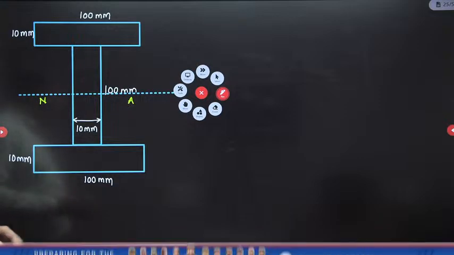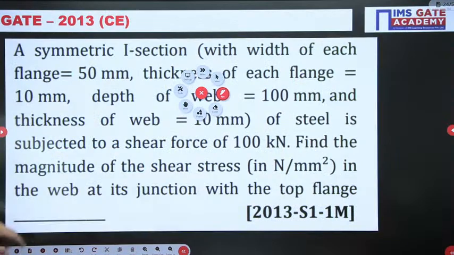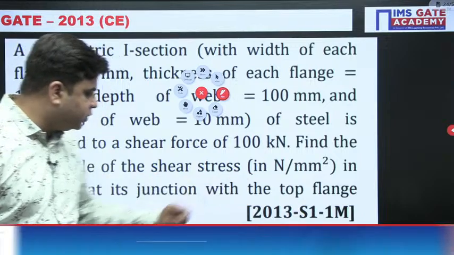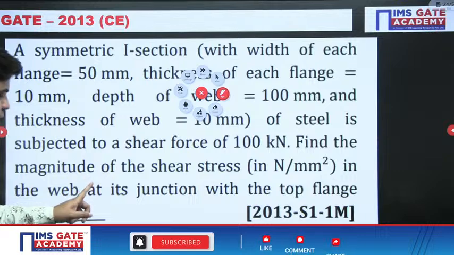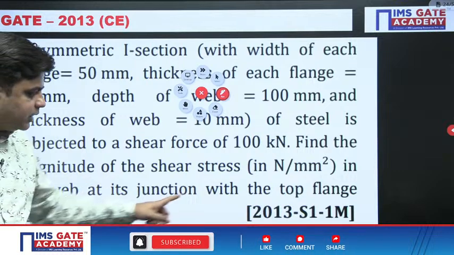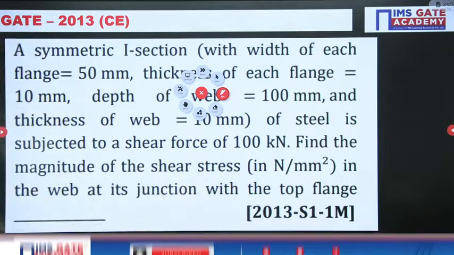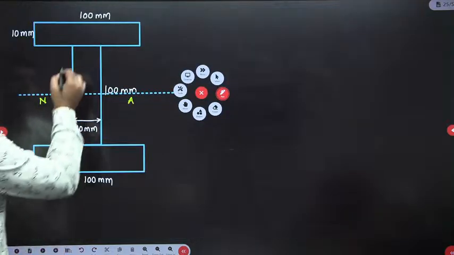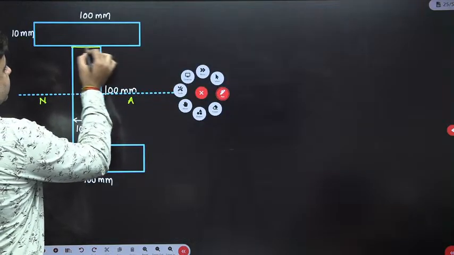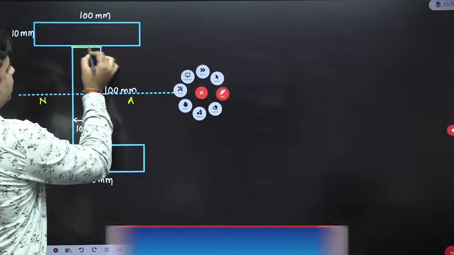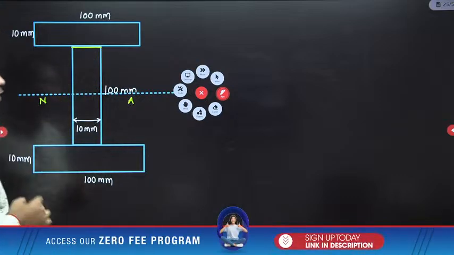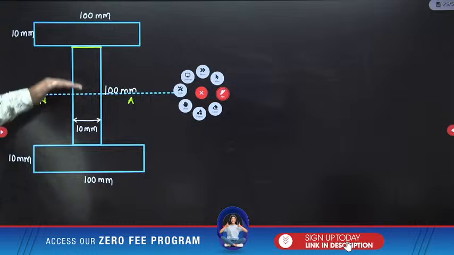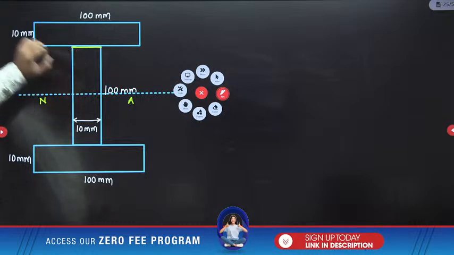What they are asking is the magnitude of shear stress at the junction of the web with the top flange, means they want you to find the value of shear stress over this fiber. First of all, what is the distance of this fiber from the neutral axis?